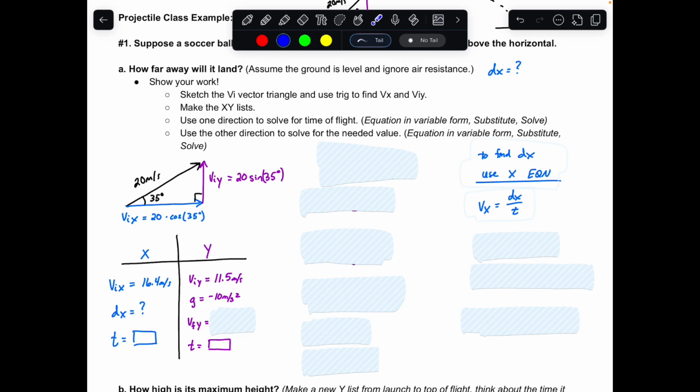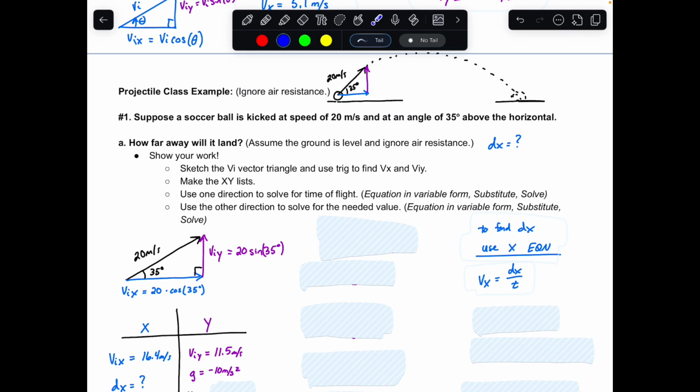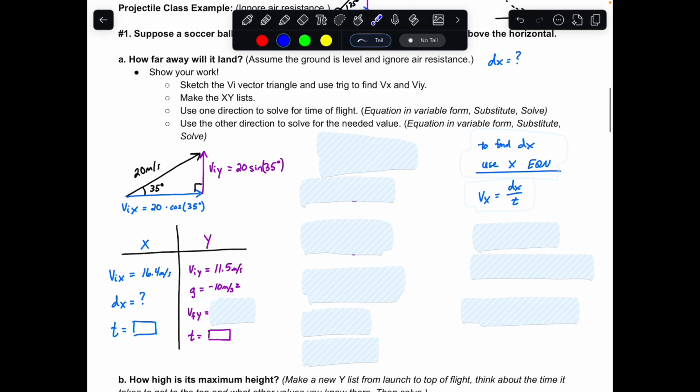That would be great. I'd be done if I knew the time in the air. Now remember, the time in the air is from when it was kicked to right before it lands. And in order to find that, I need to use my y values and solve for time. I can then plug time into the x, and we can solve for our distance traveled.